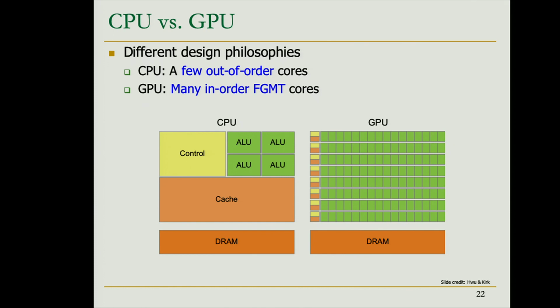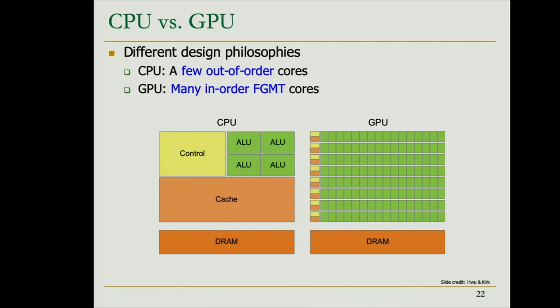A lot of this die is used for control, for example, doing speculation, branch prediction, and these sort of things. And then we also have very big caches, right? We have deep cache hierarchies in CPUs.